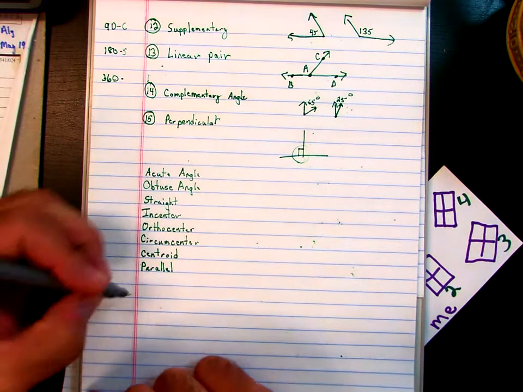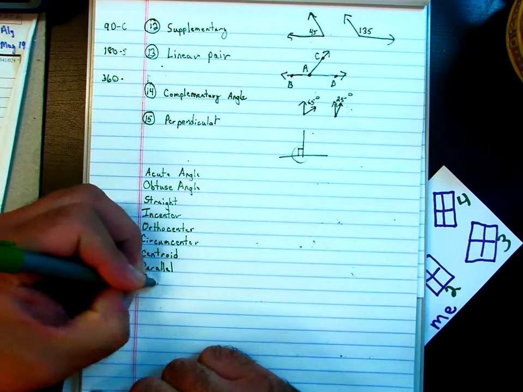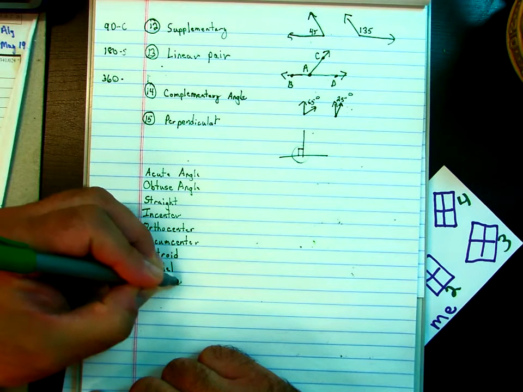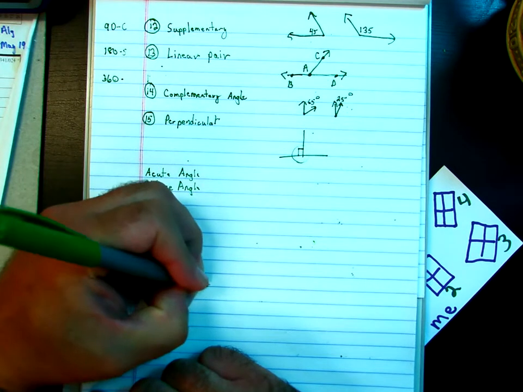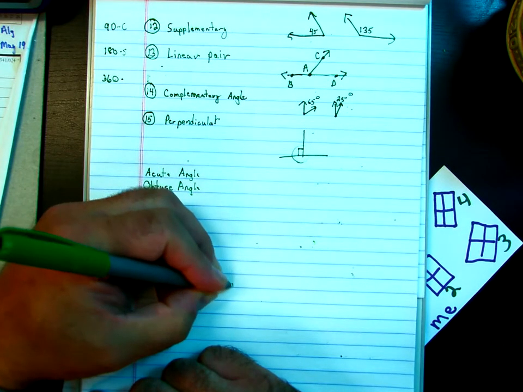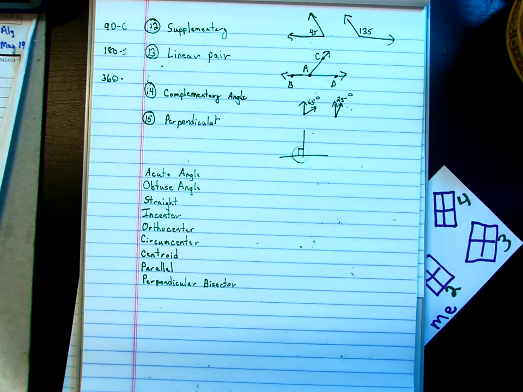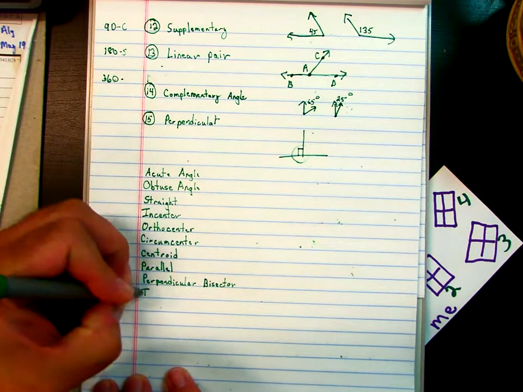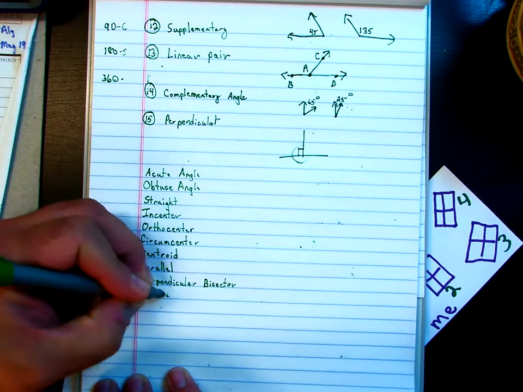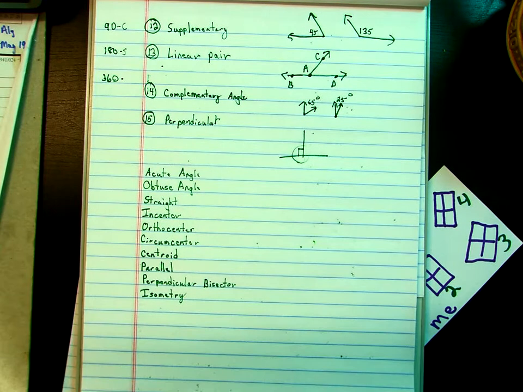You should know perpendicular bisector. You should know what isometry is. You should know what a vertex is.